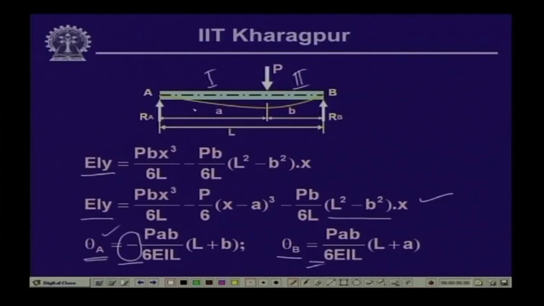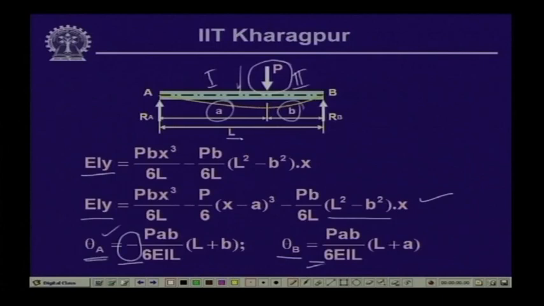Now, let us look at a particular situation when this load, which is located at a distance of a, is placed at the central position, which means the values of a and b are equal and equal to L by 2.